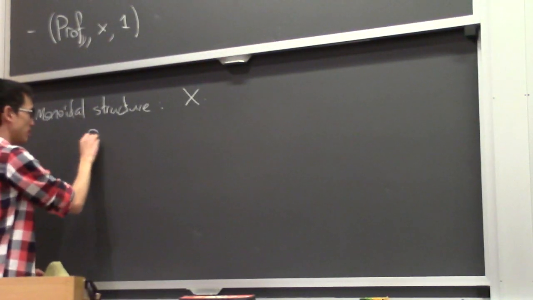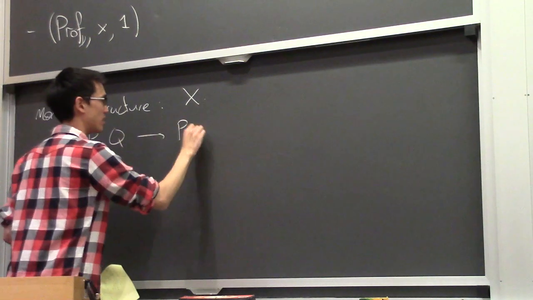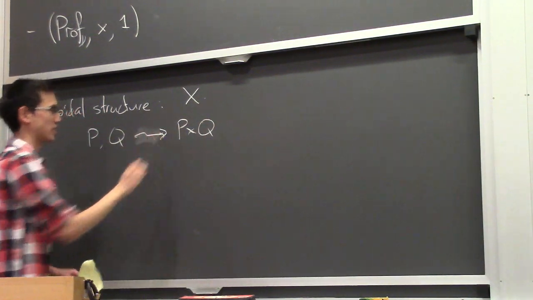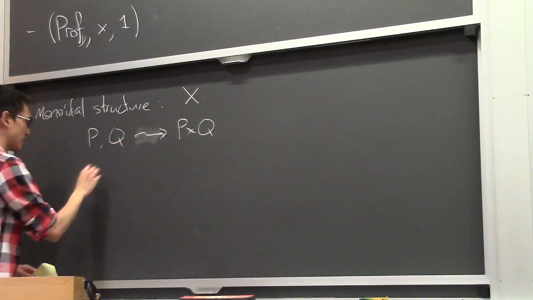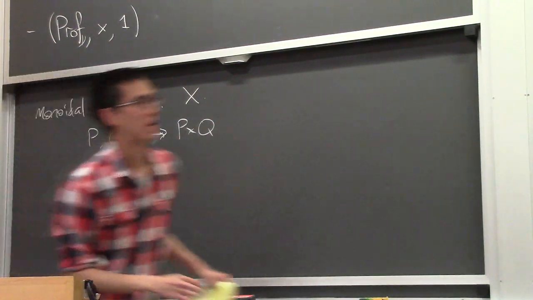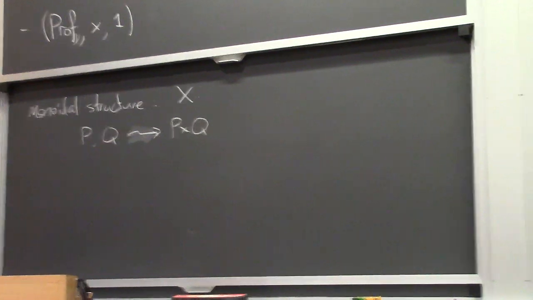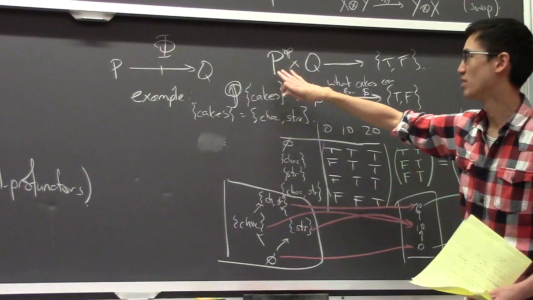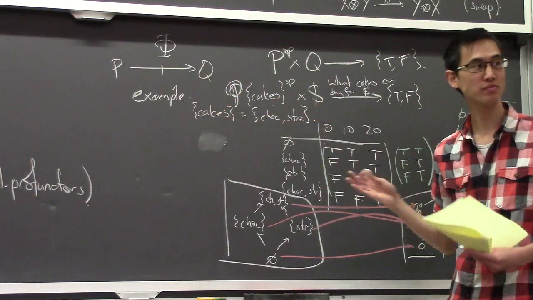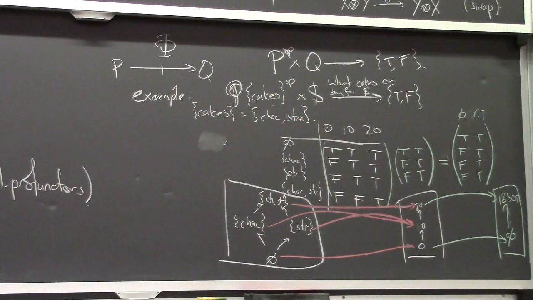So given objects P and Q, the tensor product is P times Q as a poset, and given two profunctors, which are maps from P op times Q to true false, I can put the two profunctors together. If I have a profunctor from P to Q and a profunctor from R to S, then I can combine these two by taking AND to get a profunctor from P times R to Q times S.